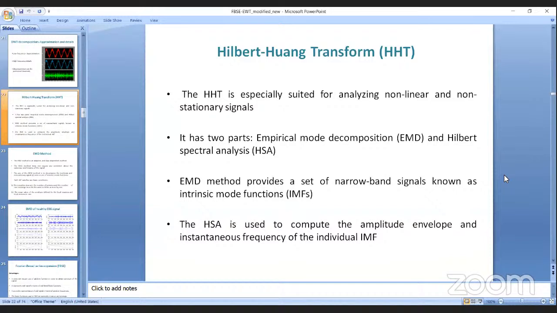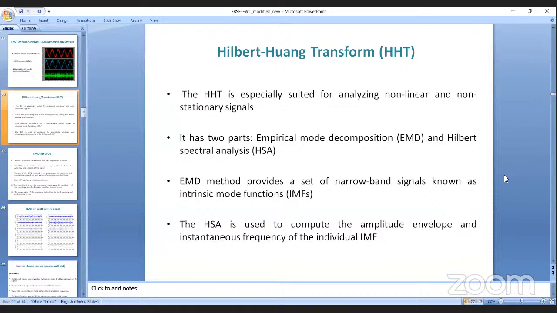So recently, a new technique was developed, the Hilbert-Huang Transform, HHT. It is fundamentally different from the Fourier transform, short time Fourier transform and wavelet, where we design basis functions from our side. But in the Hilbert-Huang Transform, you don't need to design basis functions from your side. These basis functions are extracted from the signal itself. That is why we call them intrinsic mode functions, IMFs.